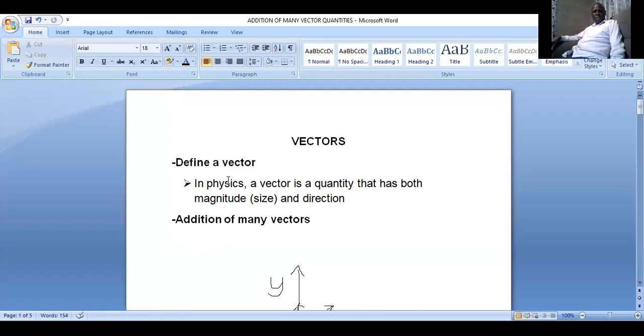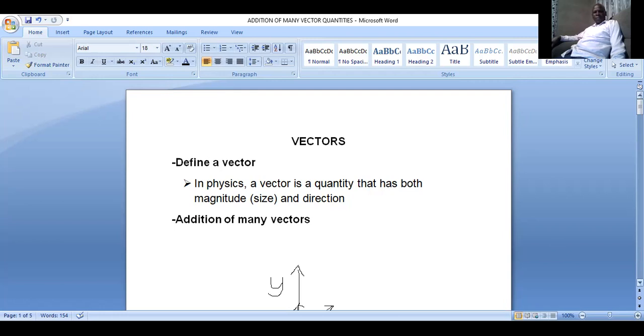If it's a force, it should have some newtons as well as the angle at which this force is oriented. Unlike scalar quantities, which are only defined by the magnitude. But today we are concentrating on vectors.